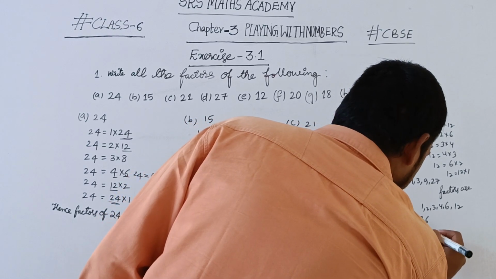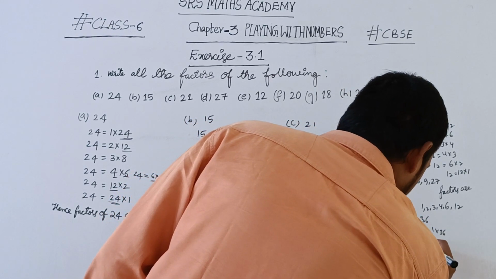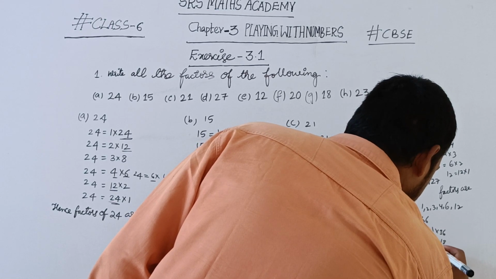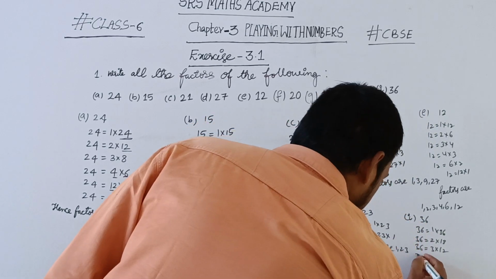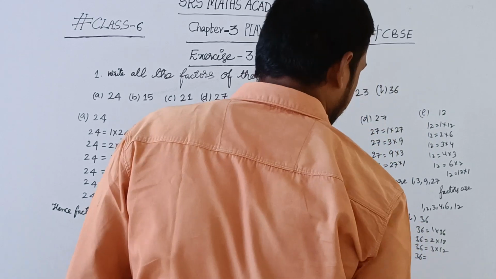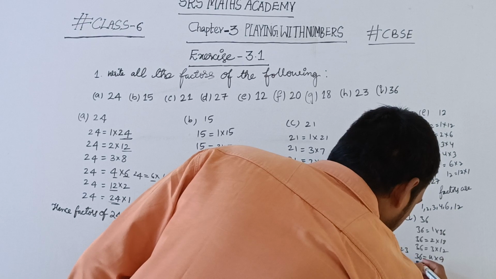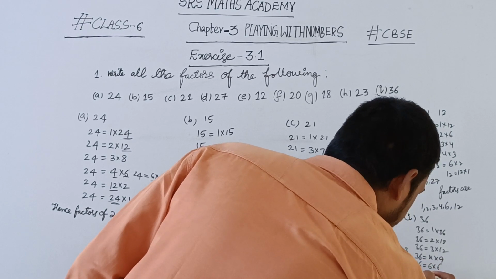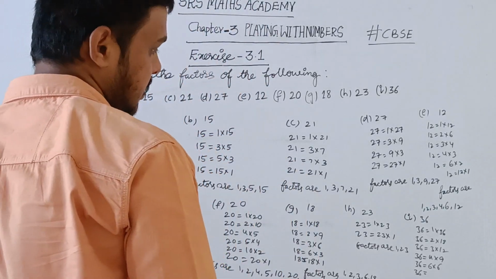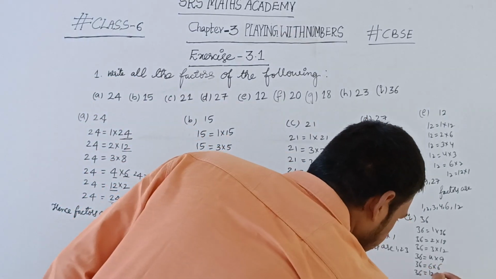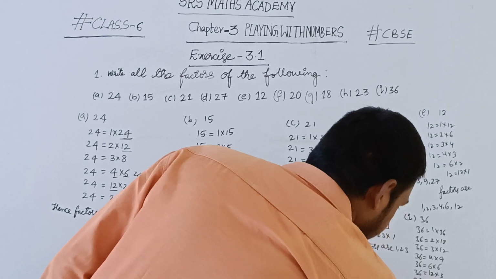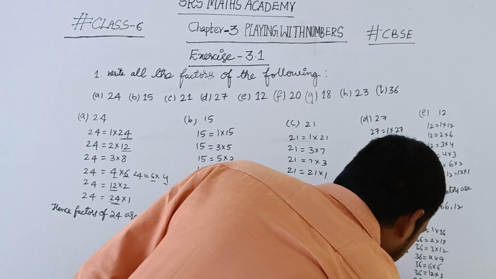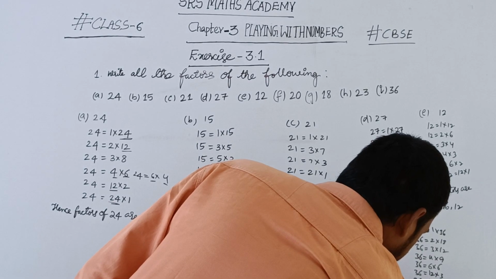And finally 36. So 36 equals 1 36s, and 2 18s, and 3 12s, and 4 table 4 9s, 5 table, 6 table 6 6s, 7 table, 8 table, 9 table, 10 table, 11 table, 12 table 12 3s, 13, 14, 15, 16, 17, 18, 18 2s, then again 36 1s.